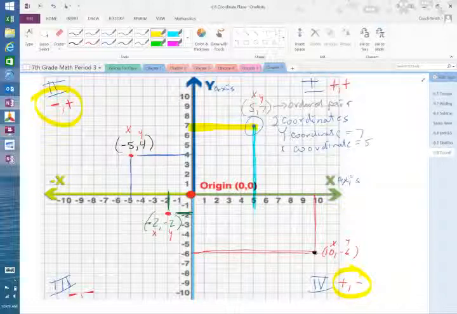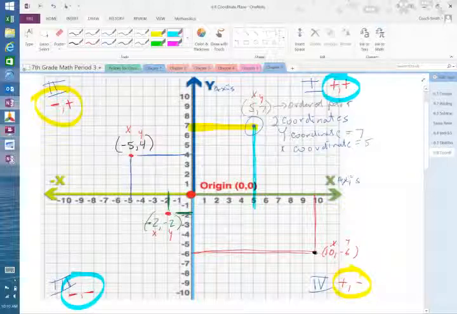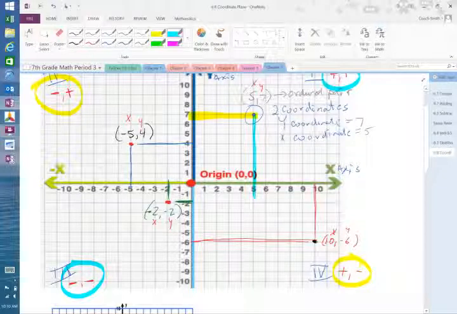In quadrant 4, the x is positive. Just like here, quadrant 1 and quadrant 3, the coordinates are the opposite. Quadrant 1, they're both positive. Quadrant 3, they're both negative. So that'll help you be able to find it. So that's sort of the quadrants and the coordinates.